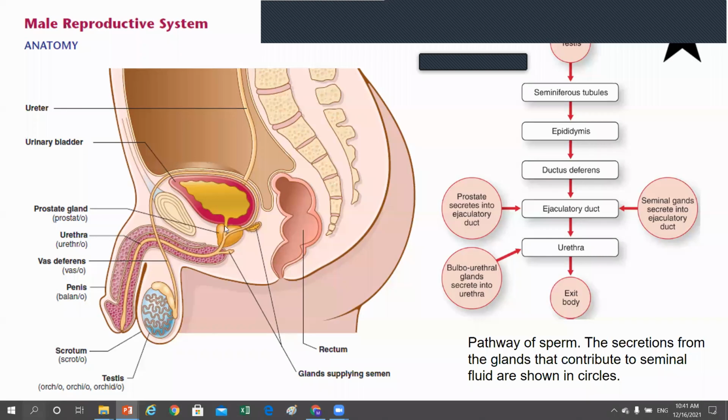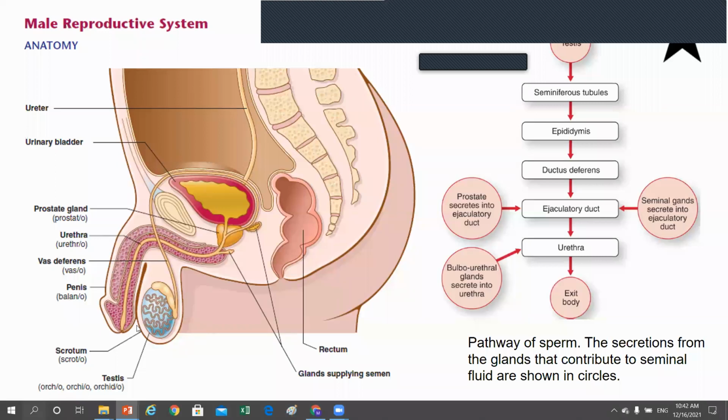This portion of the urethra passing through the prostate, we call prostatic urethra, as we have talked about in the male urinary system. Then it will go down through the penile urethra, so this urethral portion is carrying urine plus, through the ejaculatory duct, the seminal fluid. From the urethra, it will go down through the penile portion and exit the body.